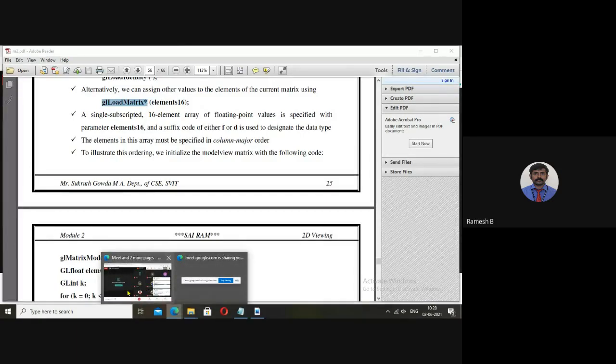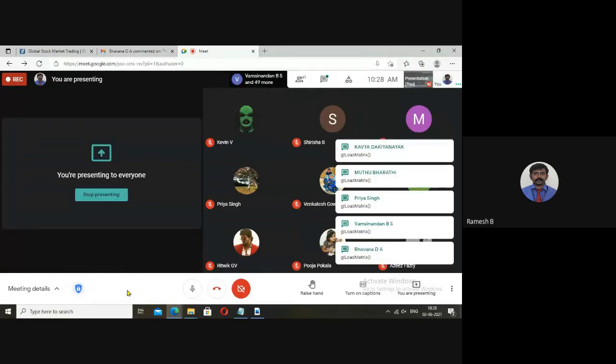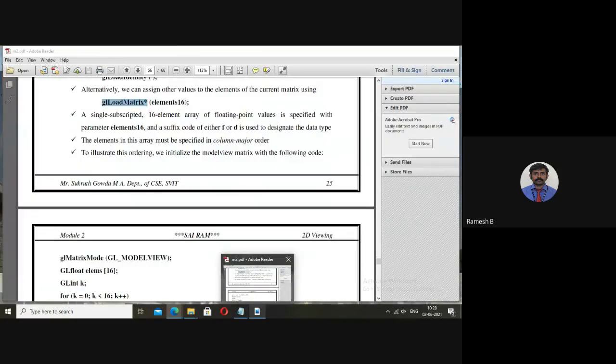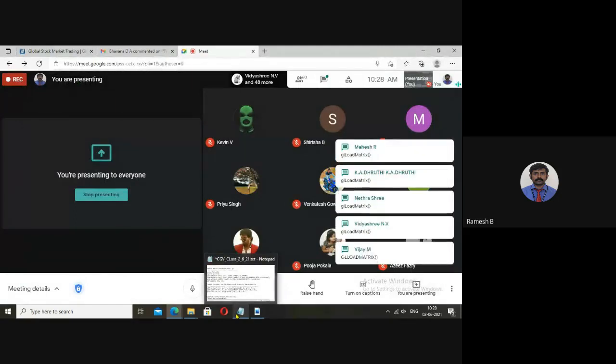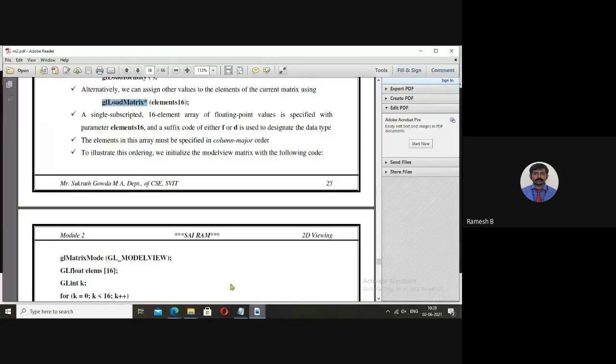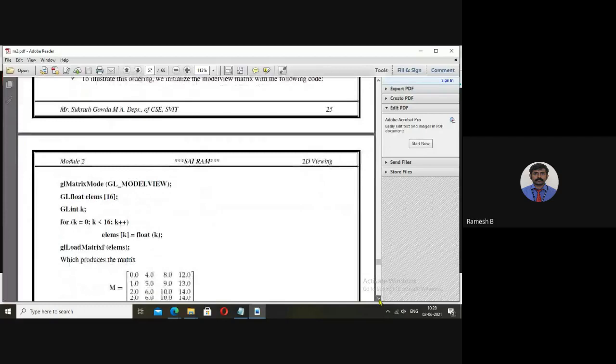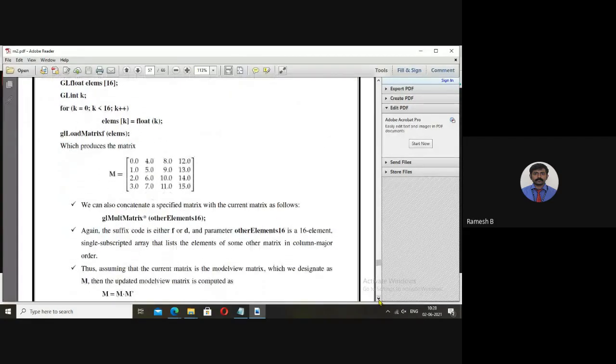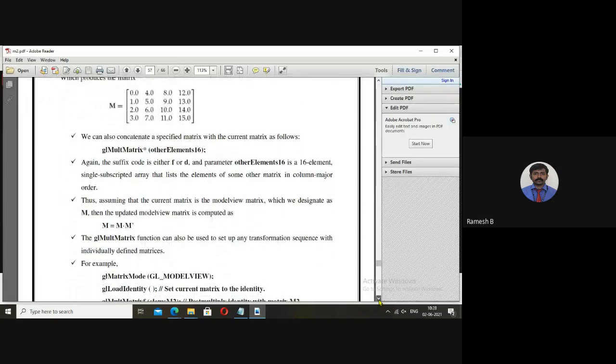L must be capital, M must be capital. Good Pooja, good Bhavna, good Sushma, good Vashini, good Durga Devi, good Kushal. Okay, good Netrashri.